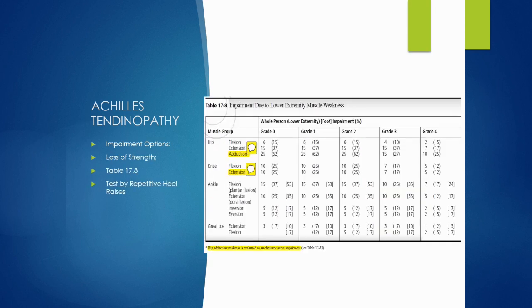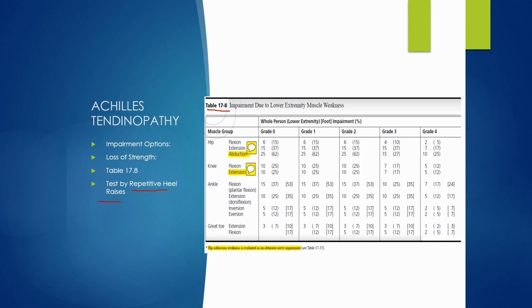And then finally, another impairment option for you is to provide for permanent impairment under Table 17.8 due to loss of strength of ankle, typically will be ankle plantar flexion. So we test resisted ankle plantar flexion by having the examinee do repetitive heel raises.